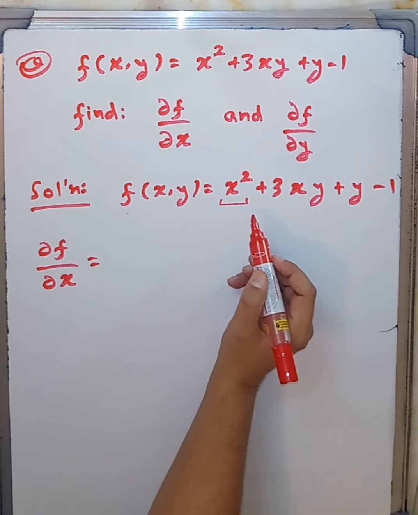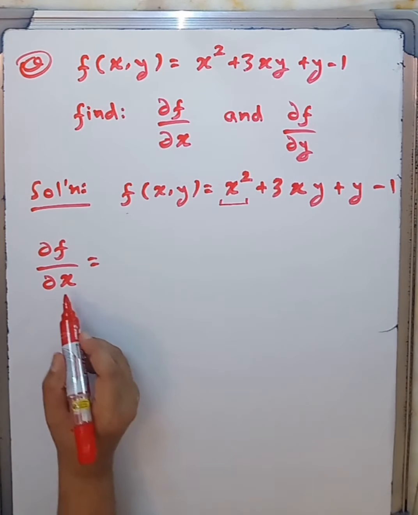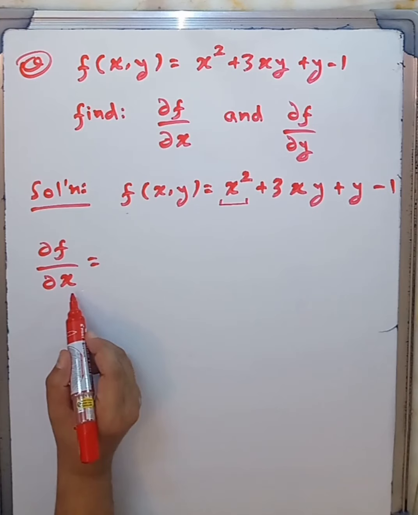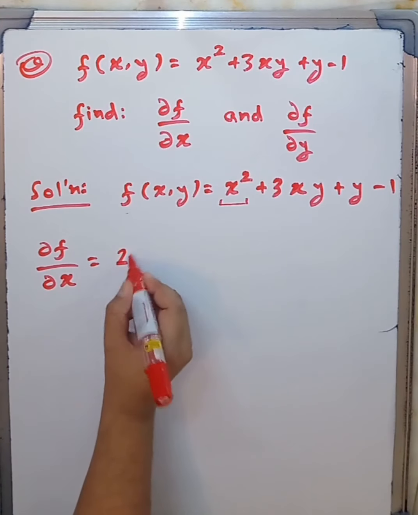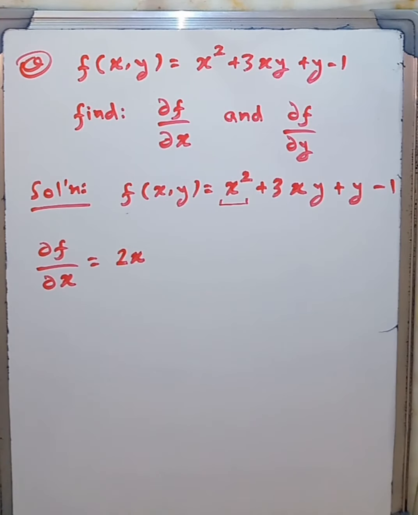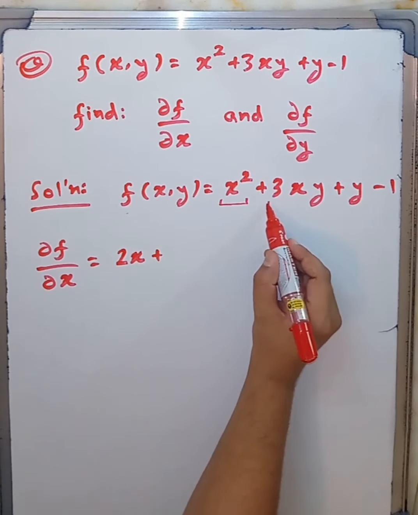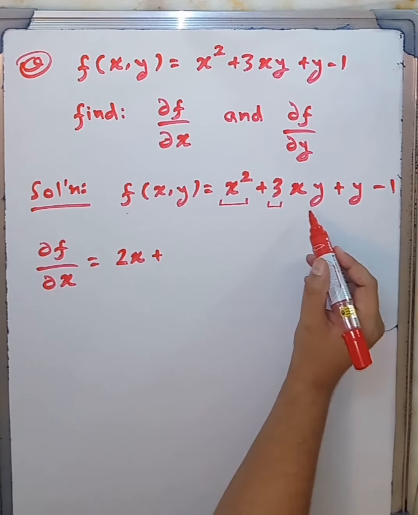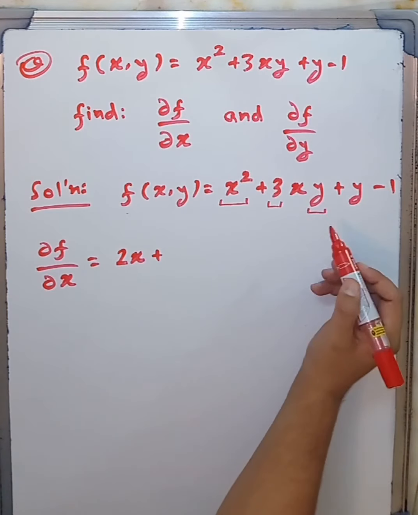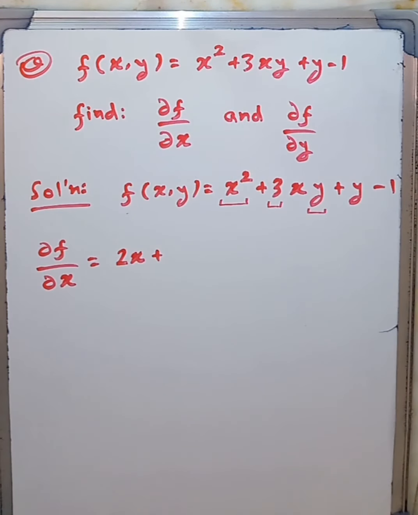x square, we are differentiating with respect to x, so we will get 2x plus 3 is a constant, and we are treating y also as a constant.